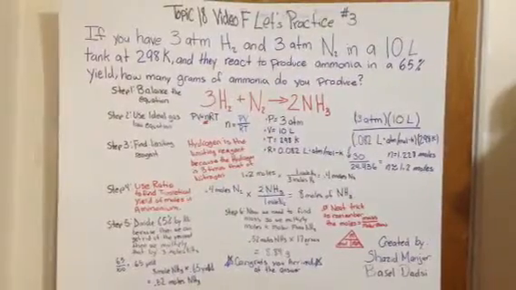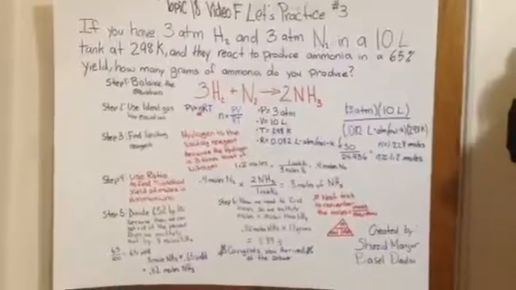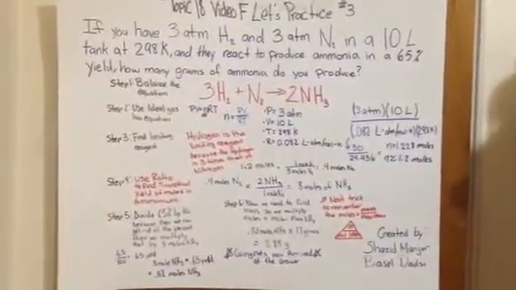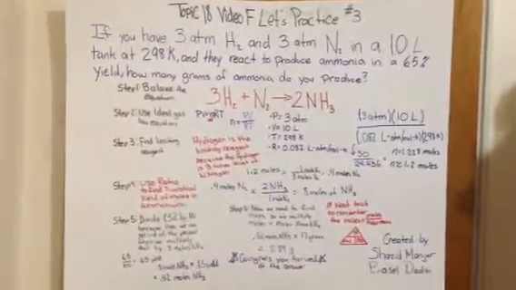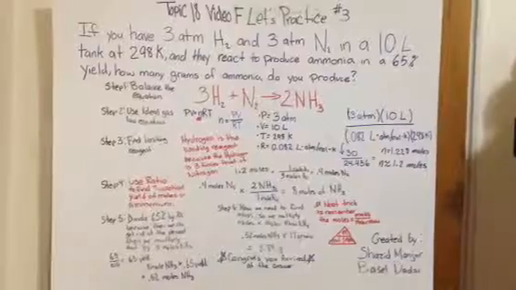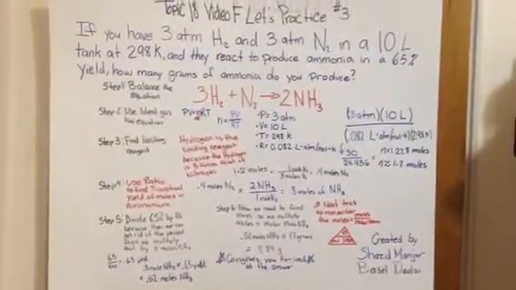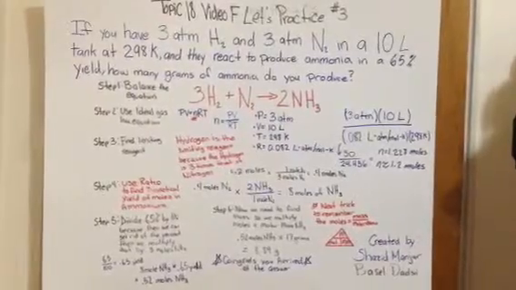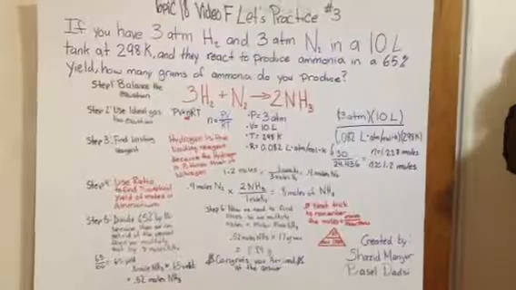So step 4, we use the ratio to see that the hydrogen will actually run out first before the nitrogen. This means that hydrogen is the limiting reagent, and therefore there will be an excess of nitrogen. So in order to determine the amount of moles of nitrogen that will actually be needed, we divide 1.2 by 3 to get 0.4 moles.